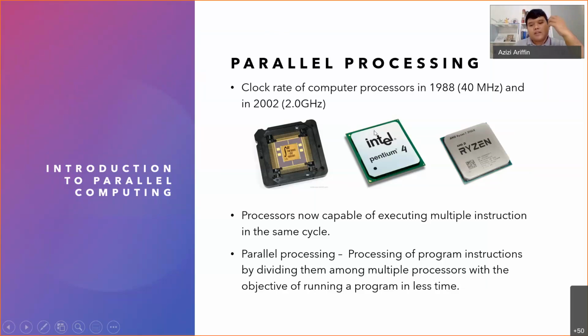The clock rate determines how fast the CPU can execute your instructions. So with 40 megahertz in 1988, maybe the CPU could execute maybe 100,000.